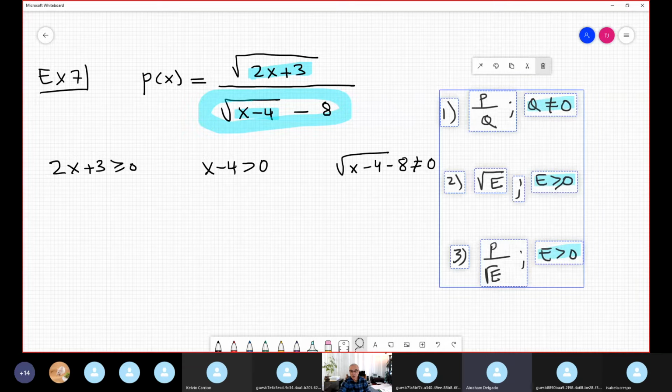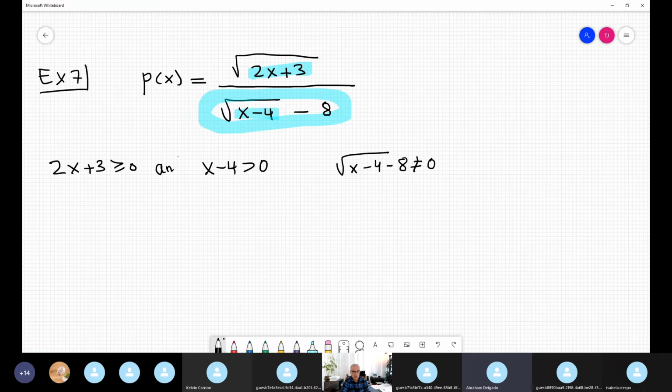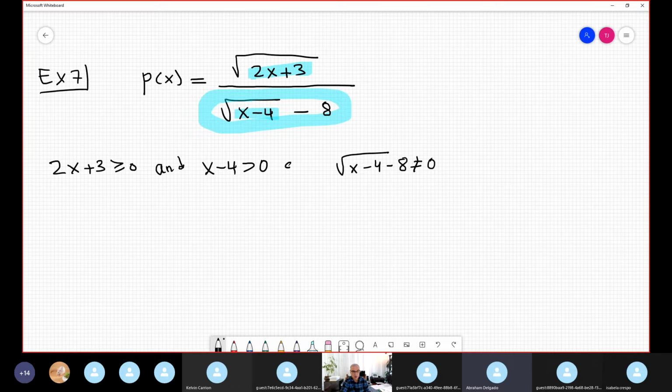And after we manipulate, what is the conjunction connecting these statements? It's and, because you need to guarantee this and this and this to be inside the domain. And you solve it one by one.